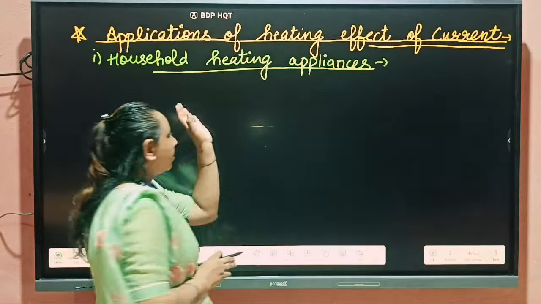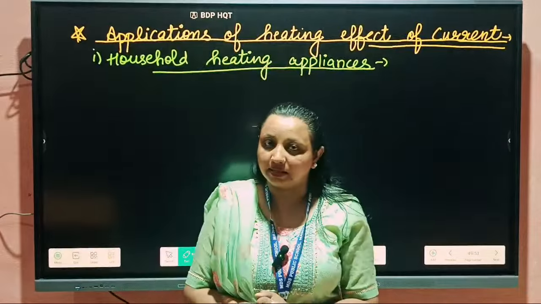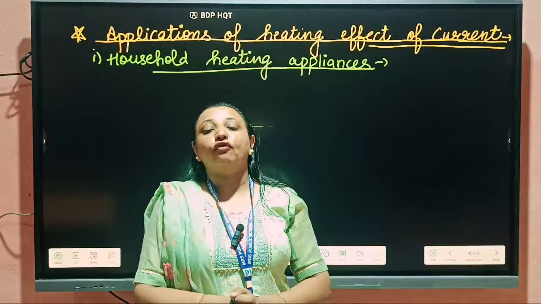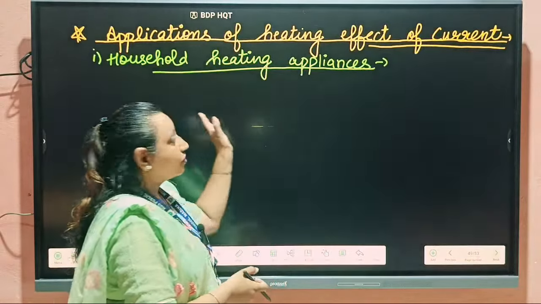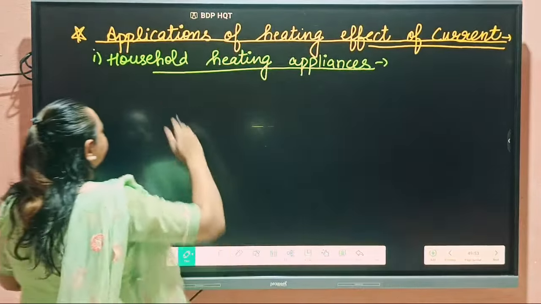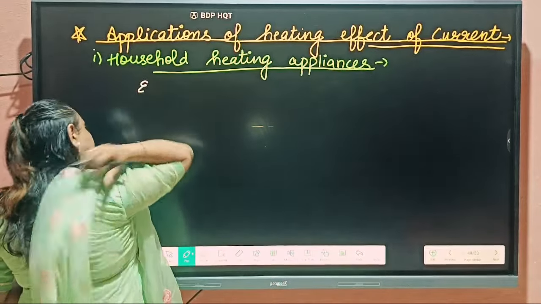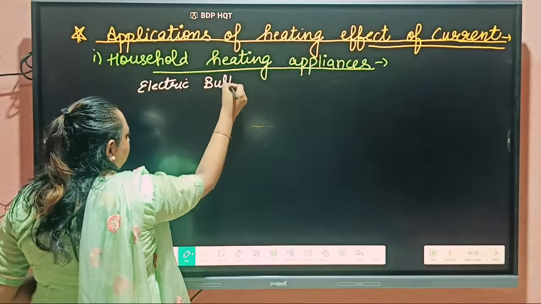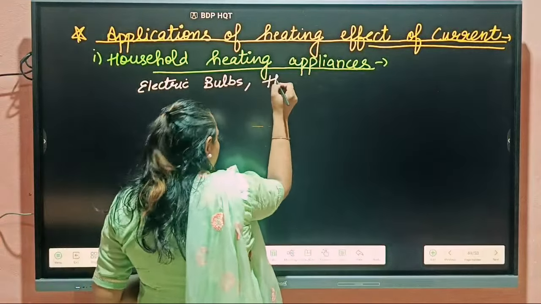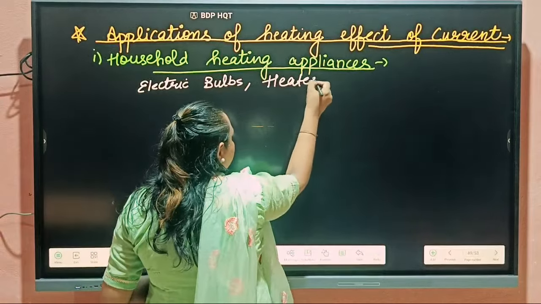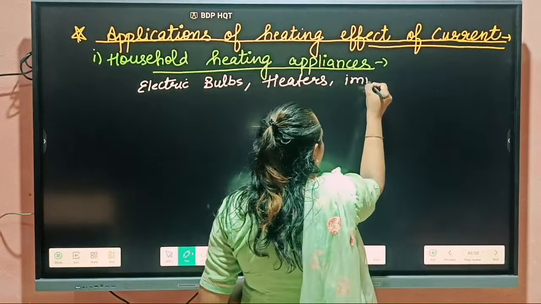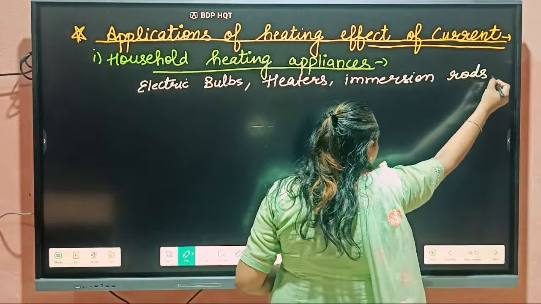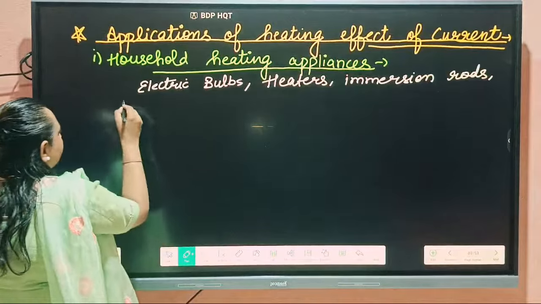Applications, as I told you, number one is household heating appliances. We are doing applications of the heating effect of electric current. Number one, household heating appliances like electric bulbs, heaters, electric heaters, immersion rods, toaster machines.